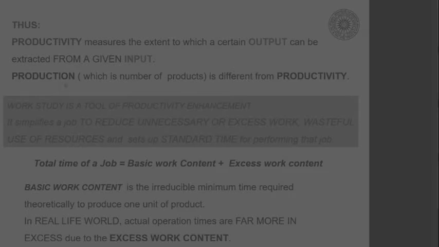So how much we produce, that is production. Okay. So productivity and production both are different. They are not same. So it is very important to demarcate between these two terms, that is productivity and the production.